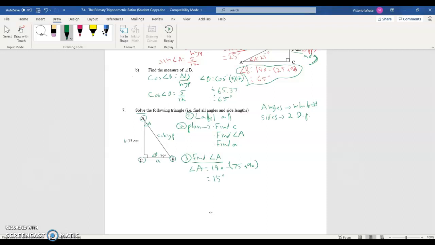So we found angle A, and I'm going to put that in my diagram: 15 degrees. Let's go and find side a.